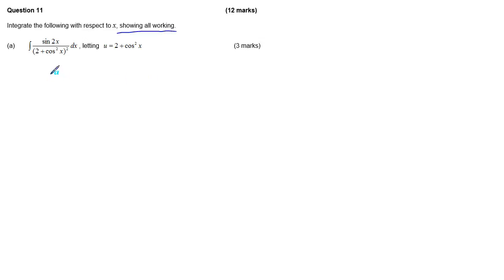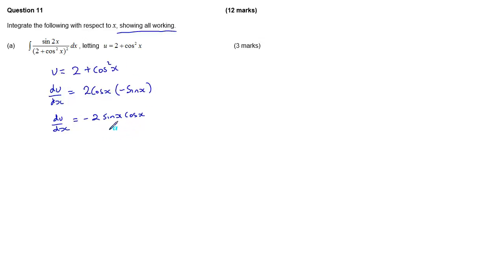So here we have that u is 2 plus cos squared x. So du dx is going to be 2 cos x multiplied by the differential of the inside, so that's negative sine x. So du dx is negative 2 sine x cos x.